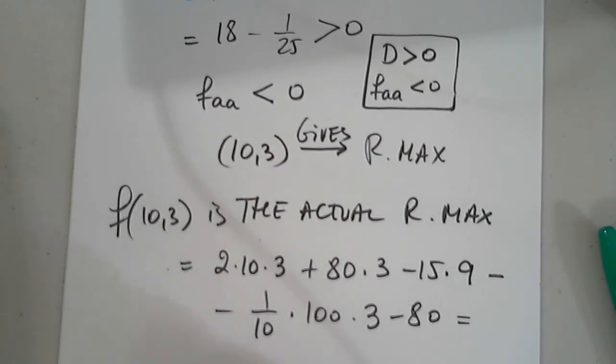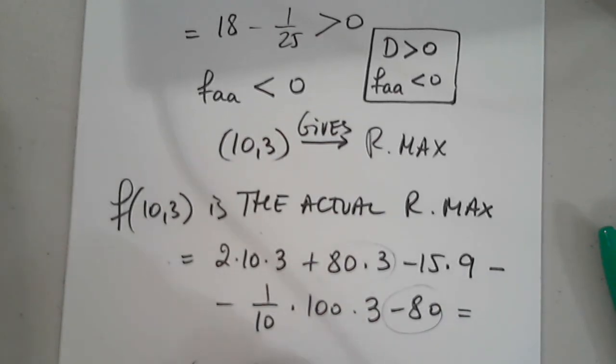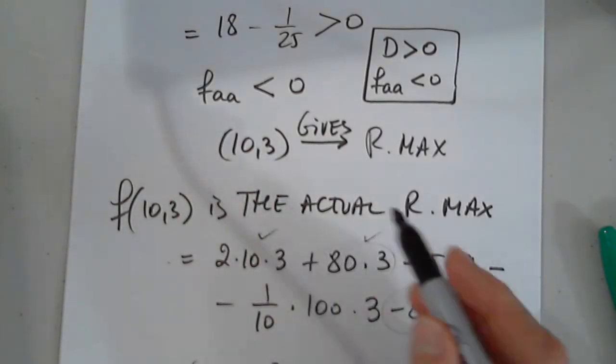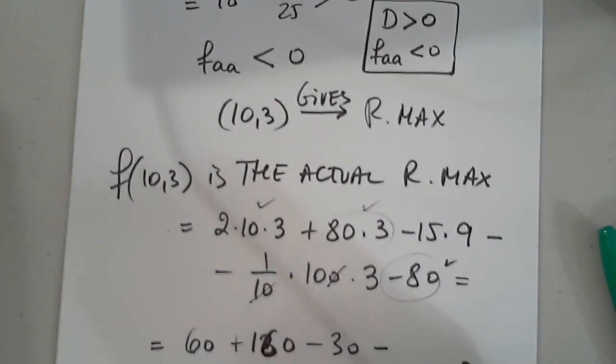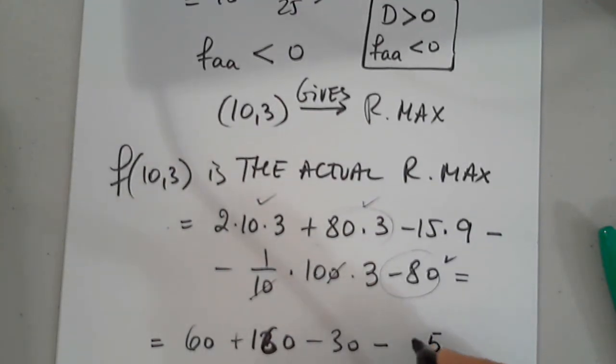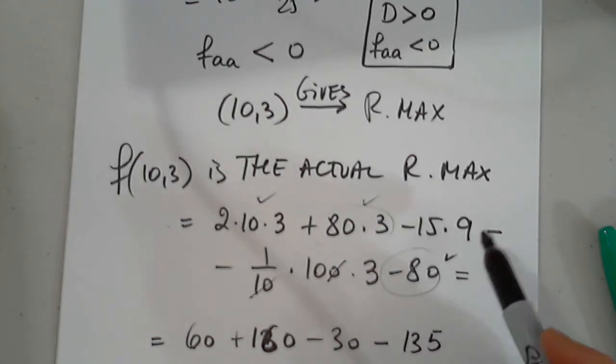So that's 60. That's 80 times 3, but minus 80 will be 80 times 2. So this will be plus 160, 80 times 2. Okay, these are taken care of. This will be minus 30, and this will be minus 135, I think.